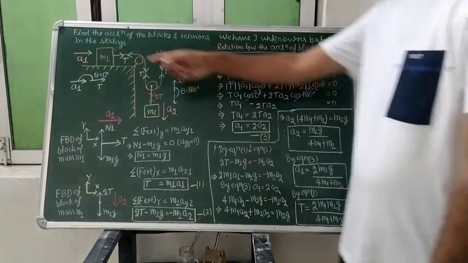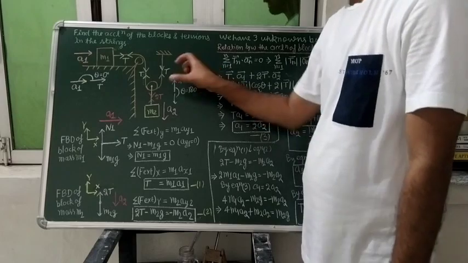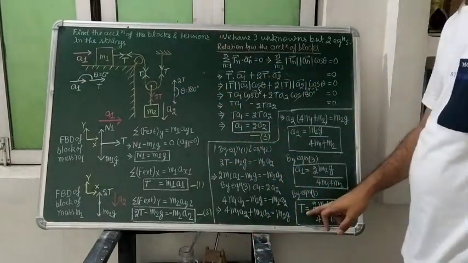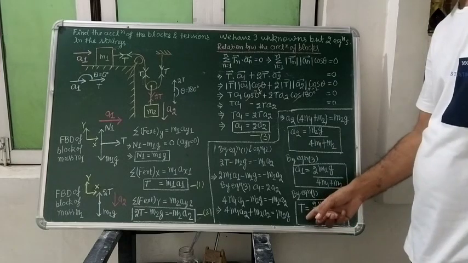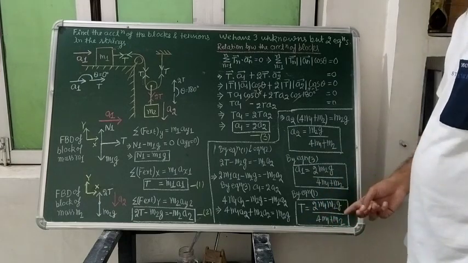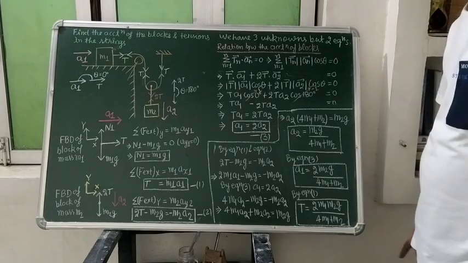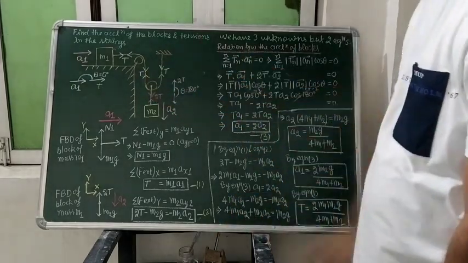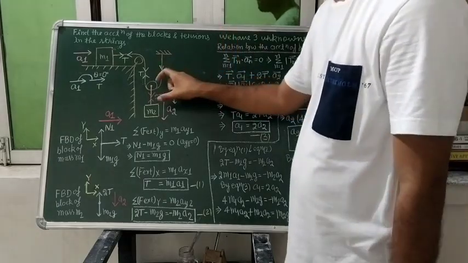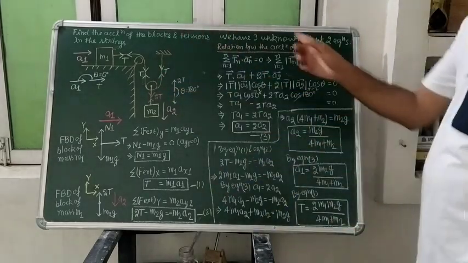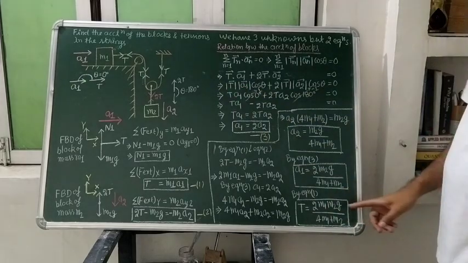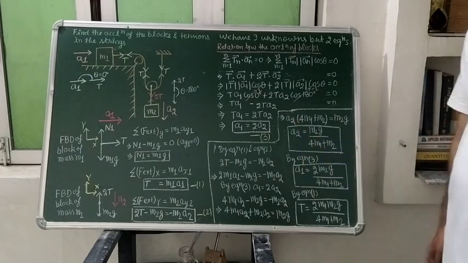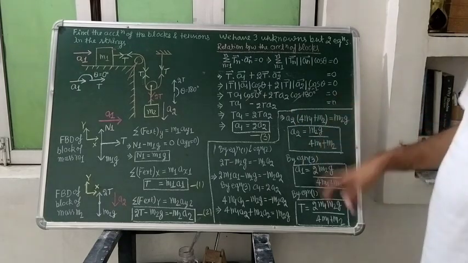Of course, tension in this string will be T only, and tension in this string will be 2T. So you can multiply this tension T by 2, and 4m1m2g divided by 4m1 plus m2 will be the tension in this string. Okay, whether it is the first string or the second string, I am not writing that, since we want to know what T is.